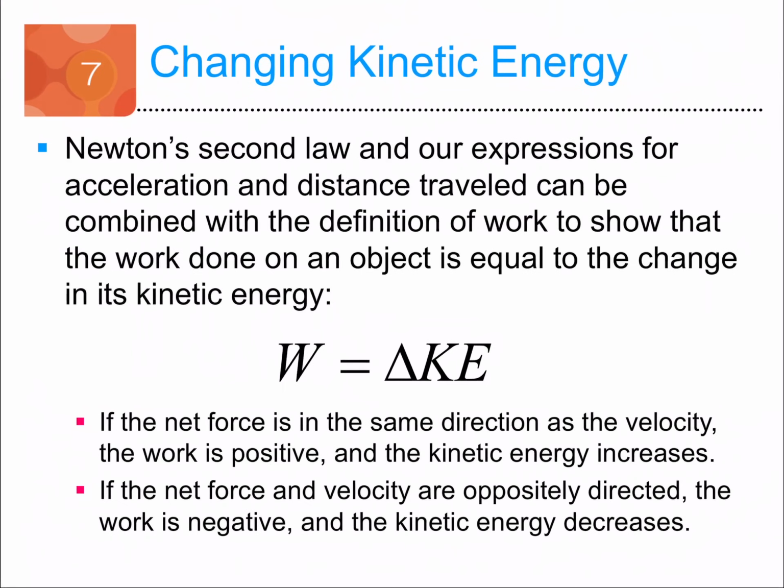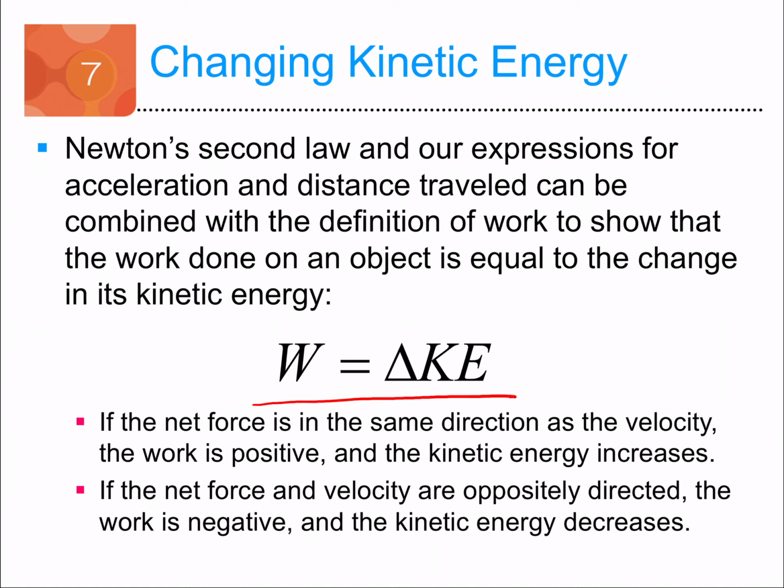Now, Newton's second law and our expression for acceleration and distance traveled can be combined with the definition of work to show that the work done on the object equals the change in the kinetic energy. Okay, so work done on an object equals the change in kinetic energy.